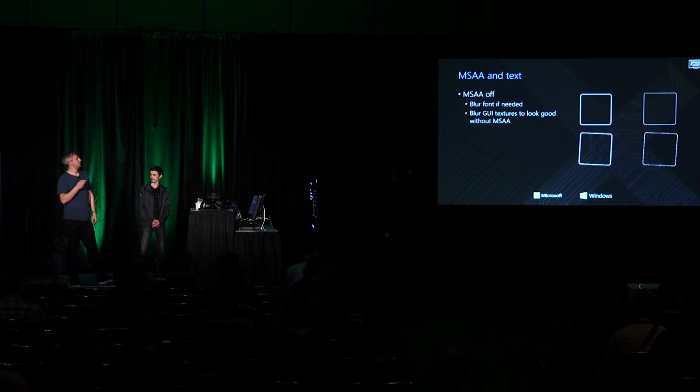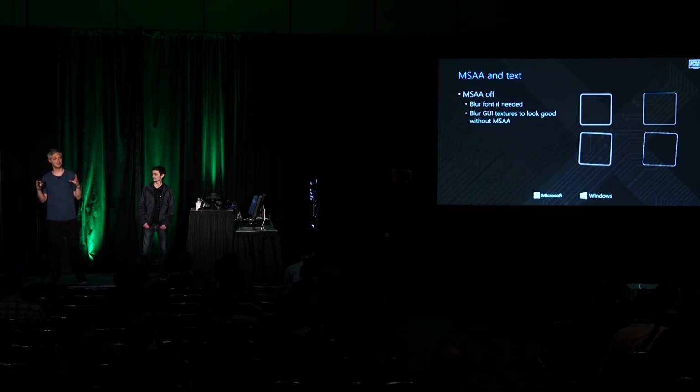And one super cool trick that even Intel said, what are you doing? But it works so well. We don't use MSAA on the 620 because it's too slow. So we blur our GUIs in front, just in Photoshop. The right one is a 1 pixel square, the left one is just blurred slightly.